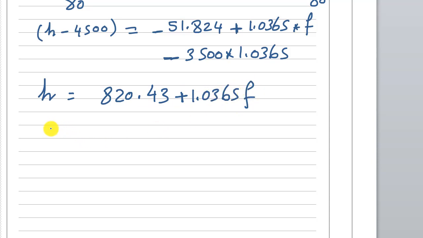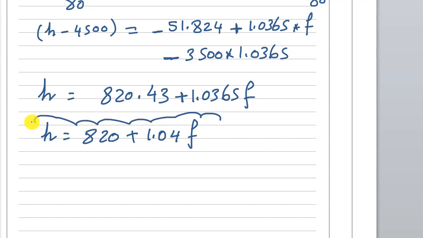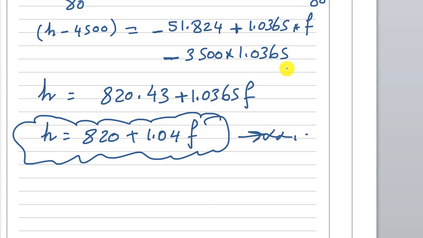So we can write now h is equal to 820 plus 1.04 f. And this is the equation that he needs. Let us go ahead to another question.